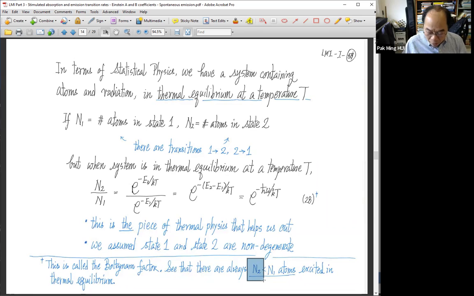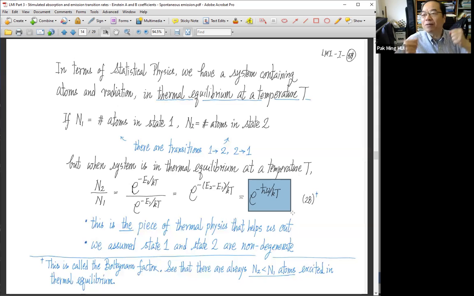Now, you must have used some laser before, and you must have heard about laser physics before. For a system to have lasing property, you need more atoms in the higher state than in the lower state. But using thermal physics at equilibrium, we already see from this little piece of thermal physics that you cannot do it at equilibrium by temperature.